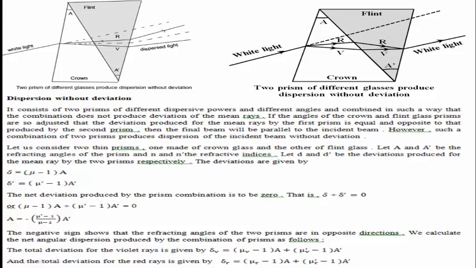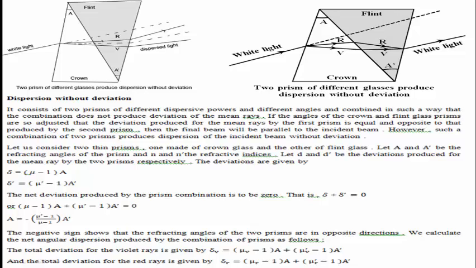The net deviation produced by the prism combination is to be 0. That is, δ plus δ' is equal to 0. (ν minus 1) multiplied by A plus (ν' minus 1) multiplied by A' is equal to 0.